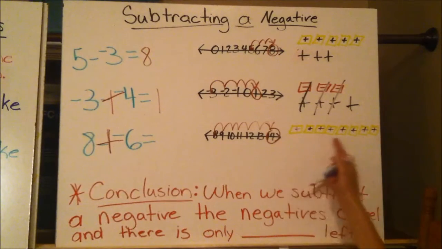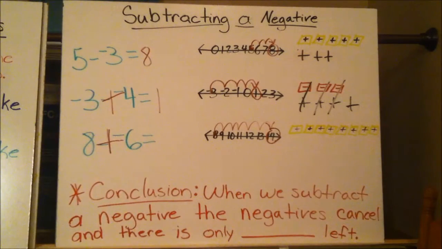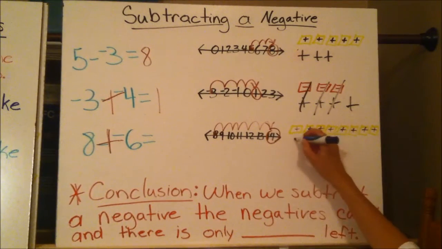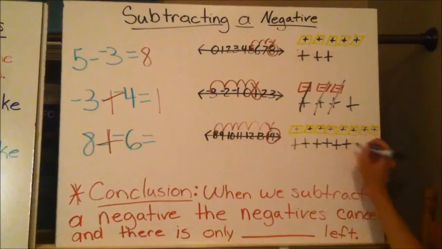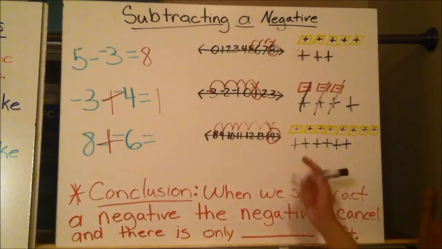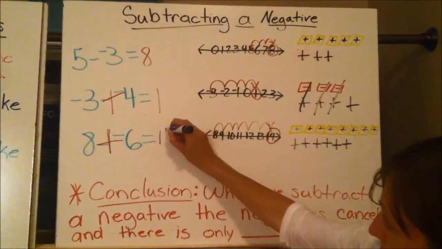I have 8 positive integer chips there, and again I would take out my 6 negatives and take away the negativity from them by just flipping them over. So 1, 2, 3, 4, 5, 6 positives, so that altogether I have 14.